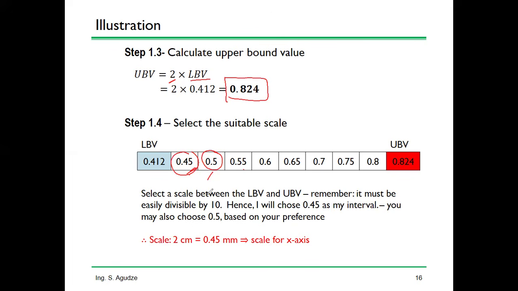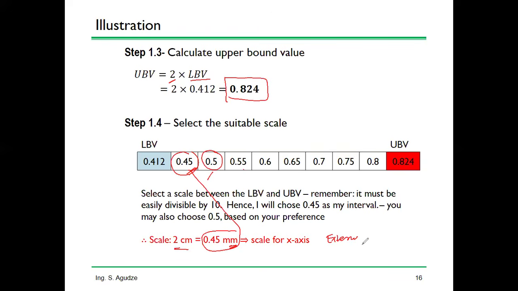If that is the case, you remember the large square is 2 centimeters. So my 2 centimeters is equal to 0.45. That will be the scale for the x-axis. Very simple. It means 2 centimeters is equal to 0.45 millimeters, because that's the extension axis.